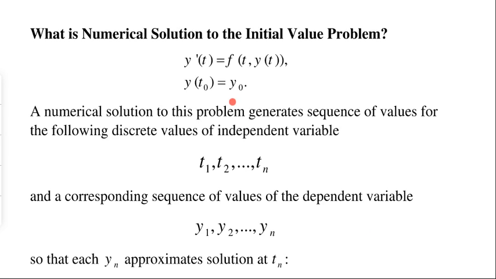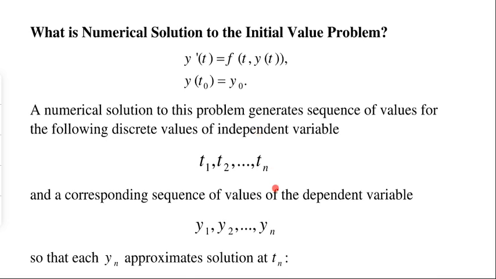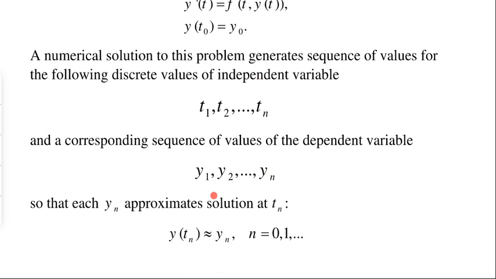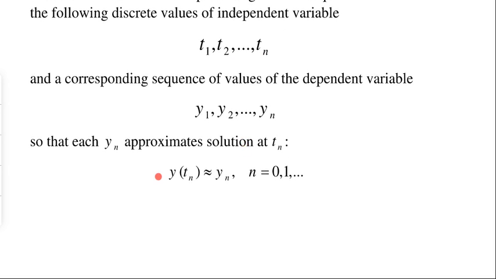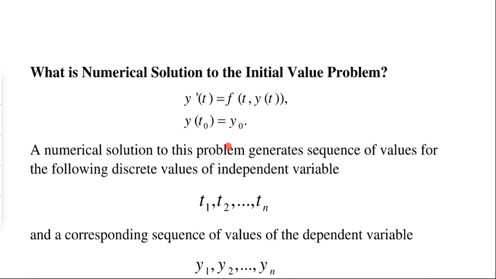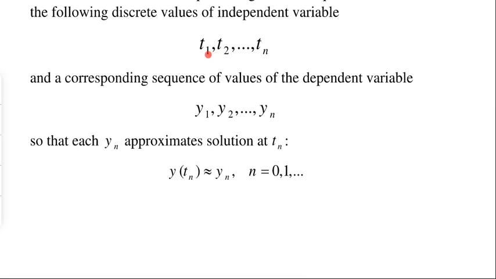We saw that for the problem in this form, with this first order ODE subject to this initial condition, we want to obtain a sequence of approximations called y1 to yn at the time points t1 to tn for approximating the unknown solution y of this problem at these points.